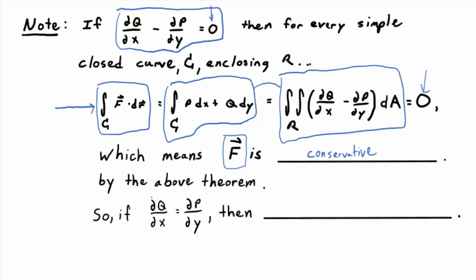Remember, if dQ/dx equals dP/dy, so just add dP/dy to both sides, and you have an equivalent statement. So if dQ/dx equals dP/dy, then F is conservative. I didn't actually prove that in the last section, but I mentioned that result. So Green's theorem helps us prove that result. So F is conservative.